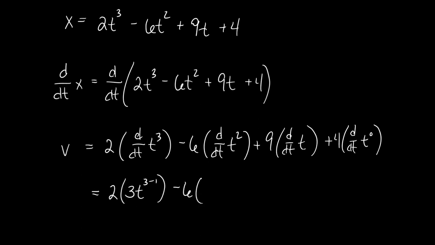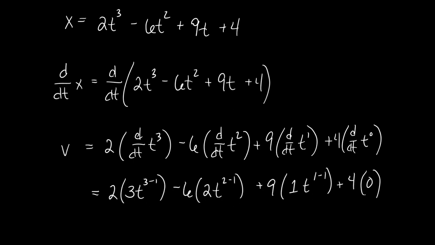Similarly, I'll bring the exponent down front, subtract 1 from the exponent. There's no exponent there, so that means that the exponent is 1. Bring the exponent down front, subtract 1 from the exponent, and I have a 0, so bring the 0 down front, but that's going to obliterate anything and zero out that function.